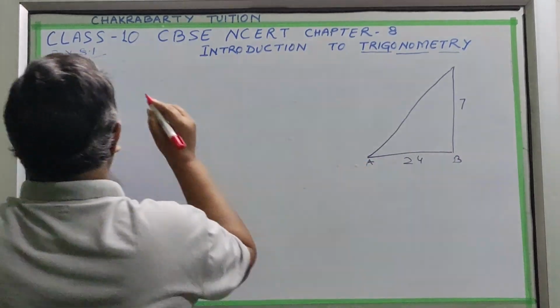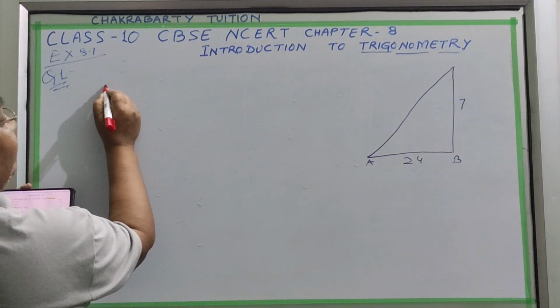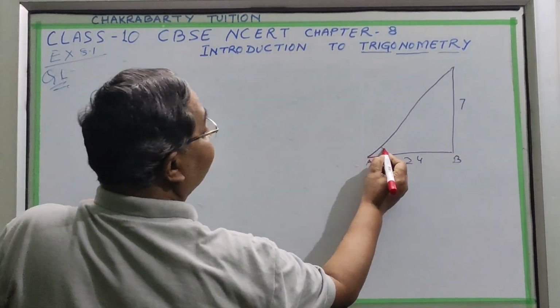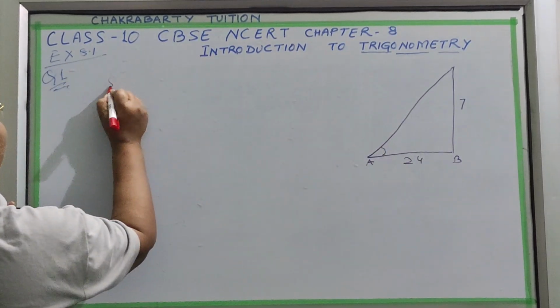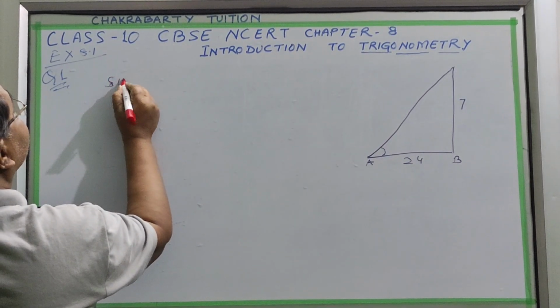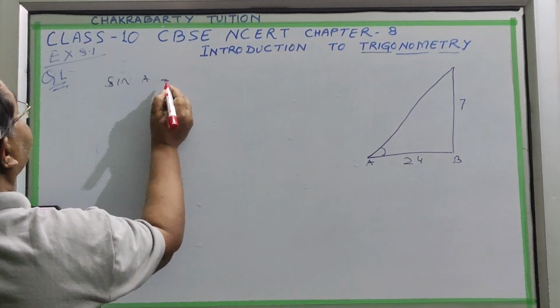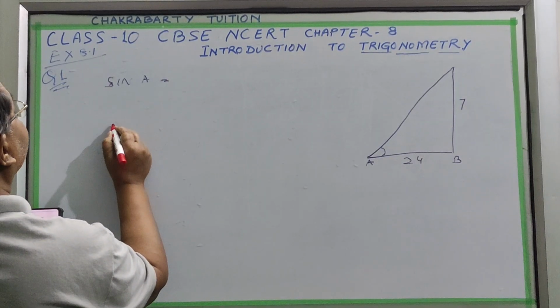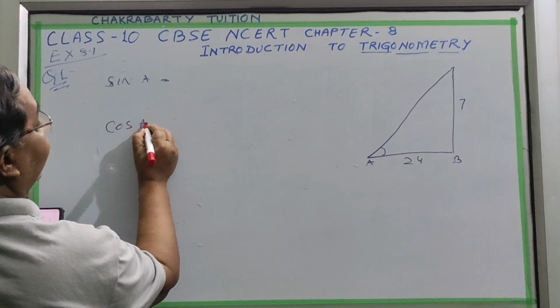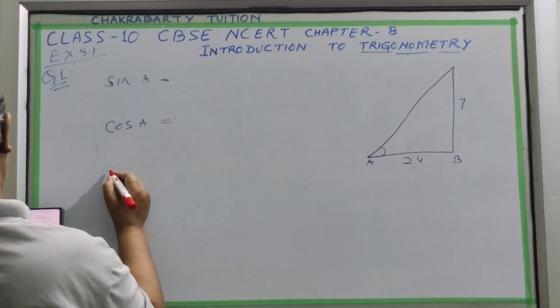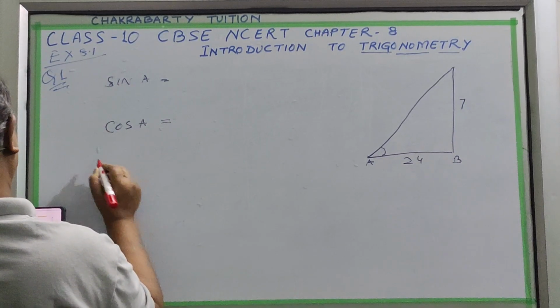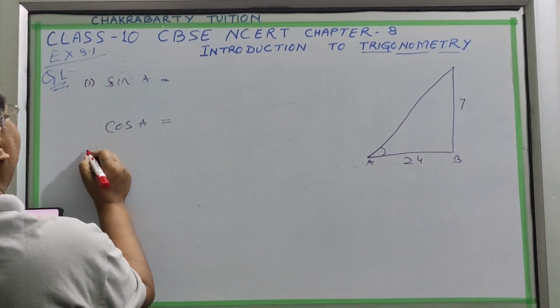Determine, you have to find sine A, meaning from this angle you have to find sine A, and then cos A. You have to find these. It is the first question, and likewise.